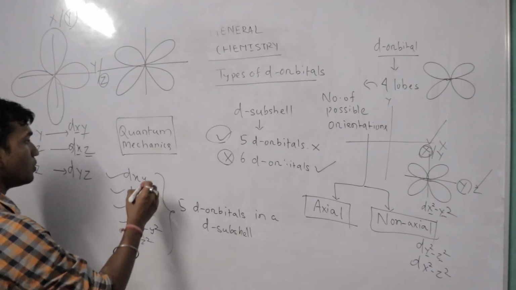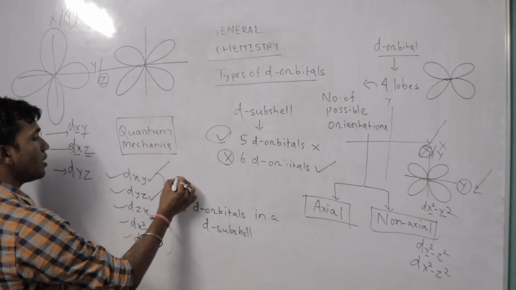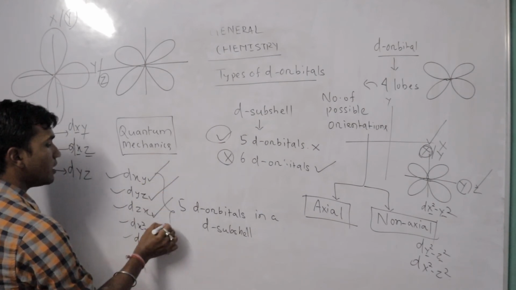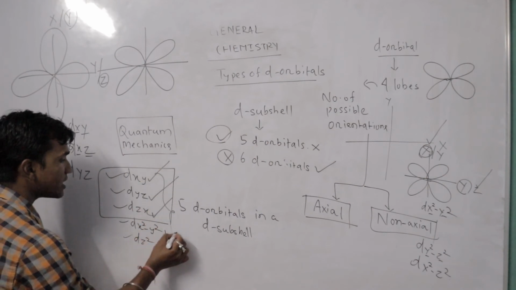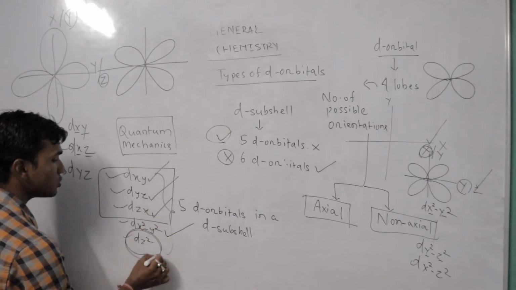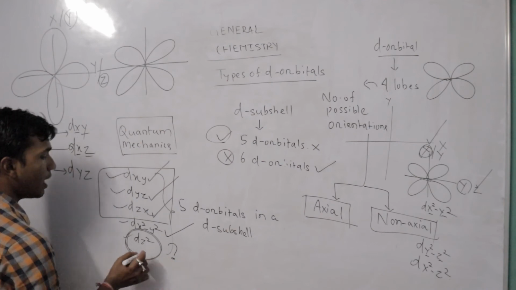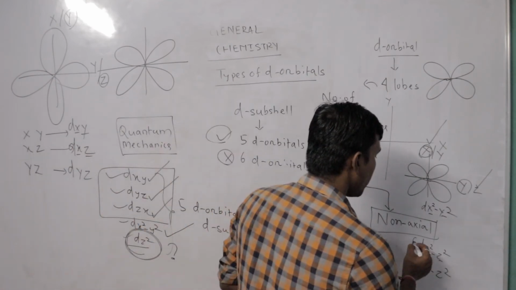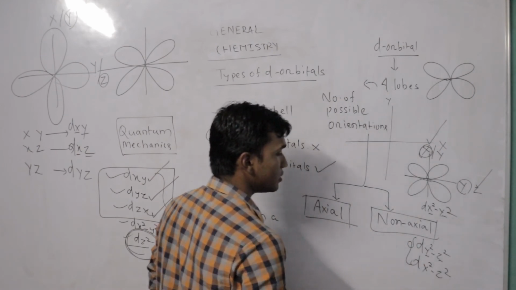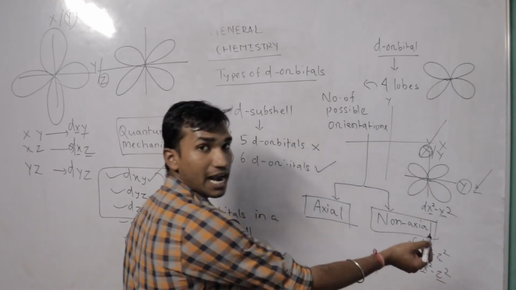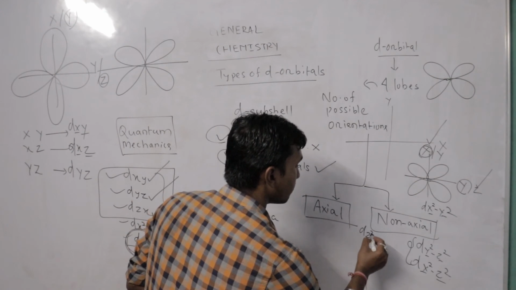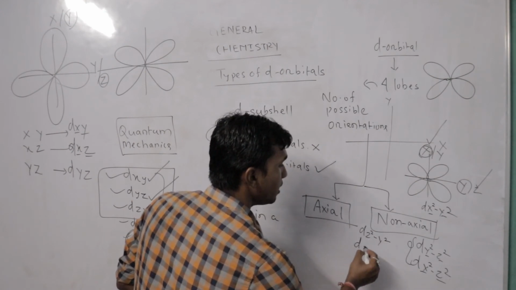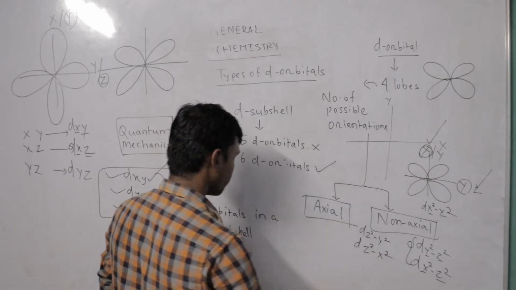Now, we know dxy, dyz, dzx, and dx square minus y square. Then where does dz square come from? See this one: dy square minus z square and dx square minus z square. You can write these like this: dz square minus y square, dz square minus x square.